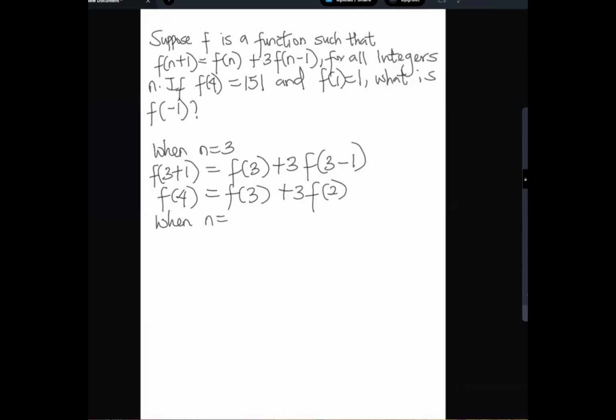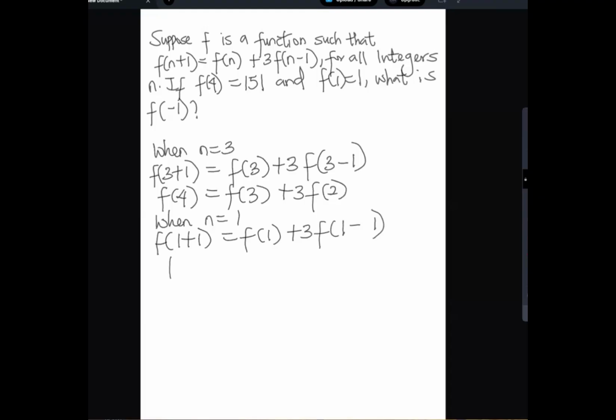Now let's move ahead and try when n is equal to 1. How does the function behave? It becomes f of 1 plus 1 is equal to f of 1 plus 3 f of 1 minus 1.